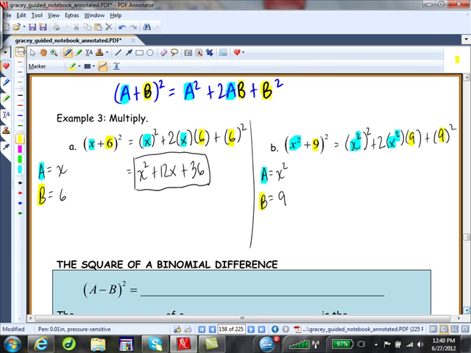And then x squared squared, remember, is x to the 2 times 2, plus we'll get 18x squared plus 81, which gives us x to the 4th plus 18x squared plus 81. And we're all done.